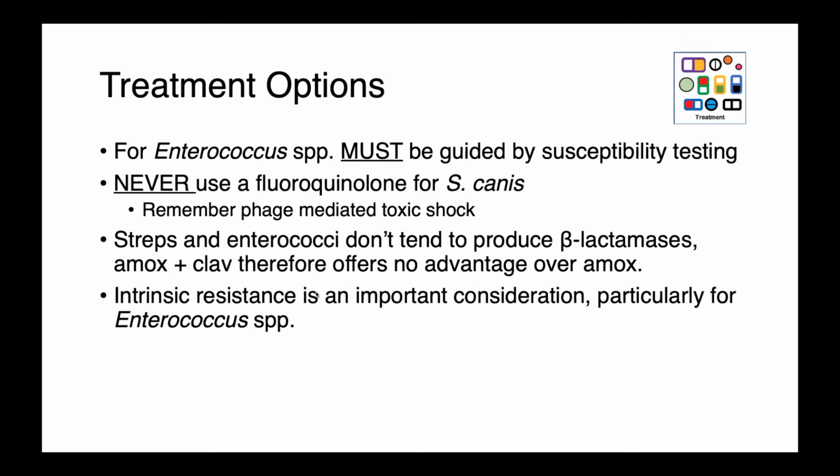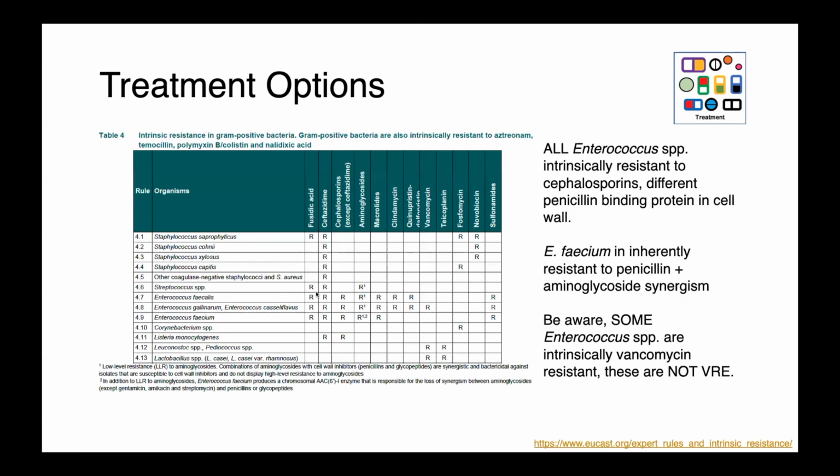Streps and enterococci don't tend to produce beta-lactamases, so potentiated penicillins, like amoxicillin with clavulanic acid, a beta-lactam, beta-lactamase inhibitor combination, offers no advantage over amoxicillin on its own. So if you see amoxicillin resistance on your susceptibility test report, you probably need to reach for another class of drugs. And then finally, like I just mentioned, intrinsic resistance is very, very important in enterococci.